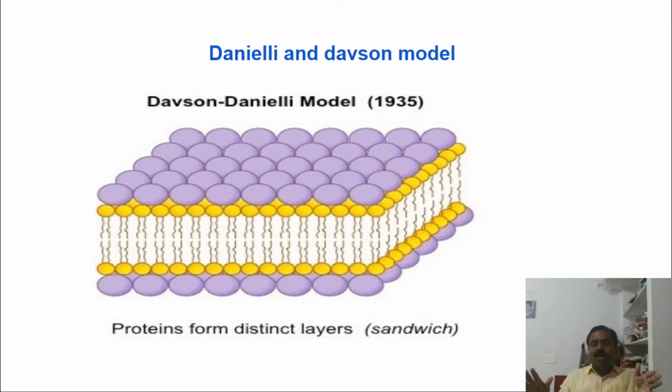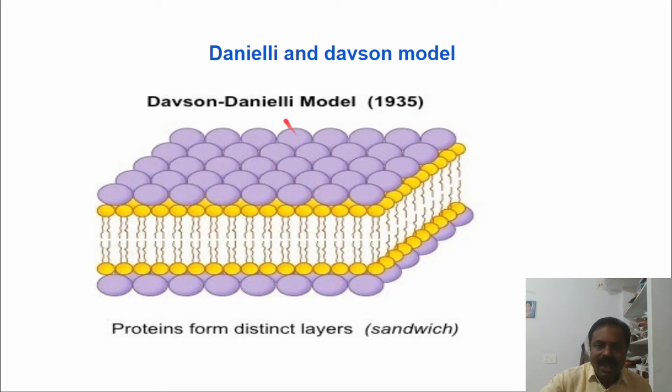These models explain the arrangement of lipid and protein molecules in the plasma membrane, and the carbohydrates are present linking with the proteins and the lipids.